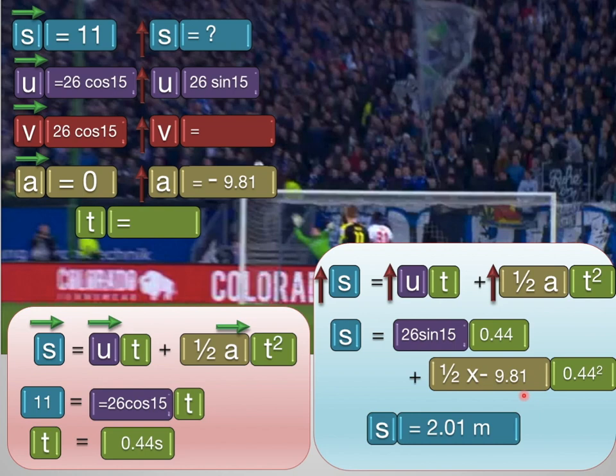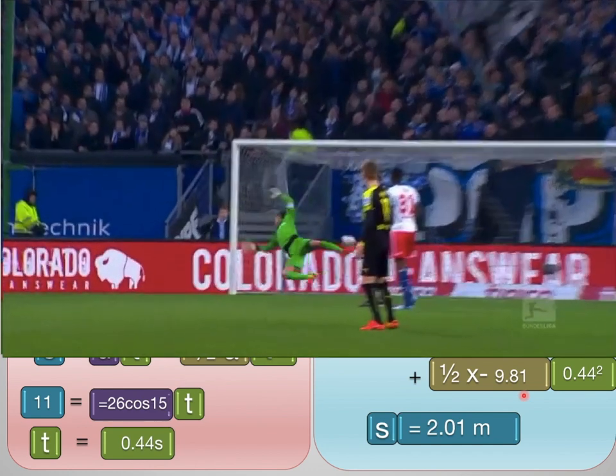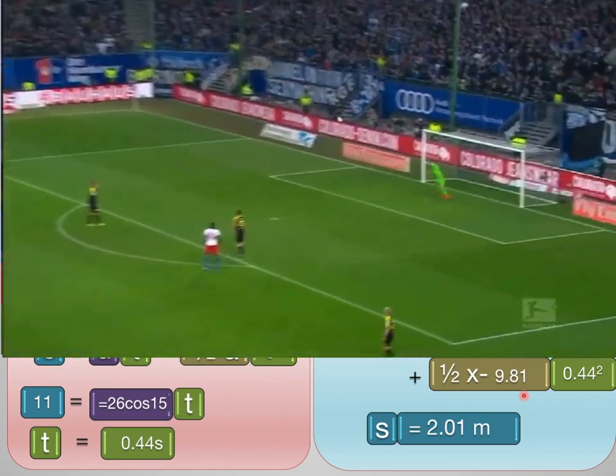But the question says the height of the goalpost is 2.4. So at the end of 0.44 seconds, the ball is clearly below the bar. So it will certainly be going into the goalpost and he will be able to score a goal like this.